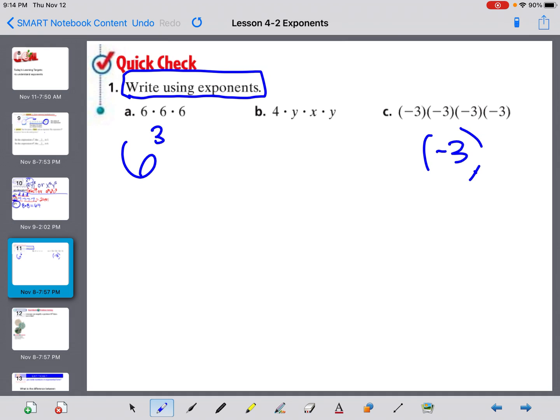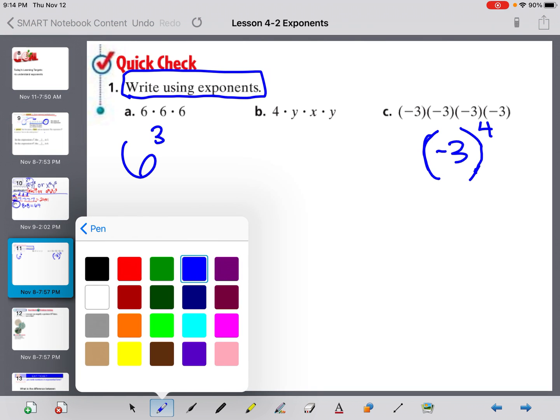Keep the parentheses. We don't have enough math power to ditch the parentheses just because we feel like it. How many negative 3's are there? 4.